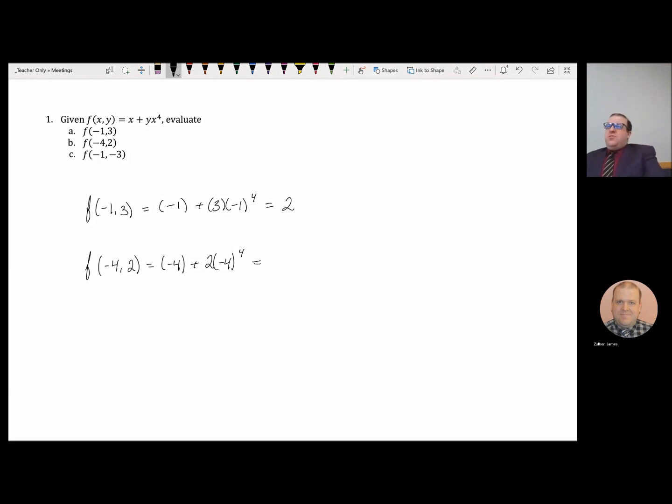So what is -4 to the fourth power? 256 times 2 is 512, minus 4, it's 508. Then f of (-1, -3).